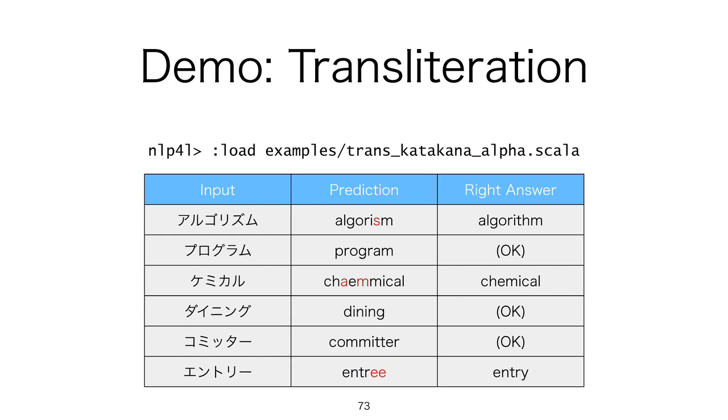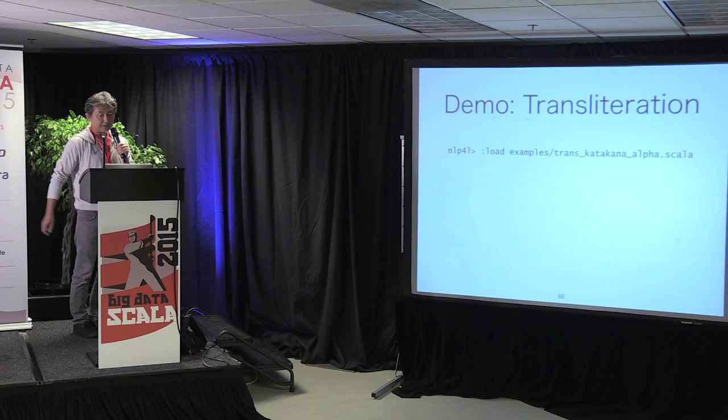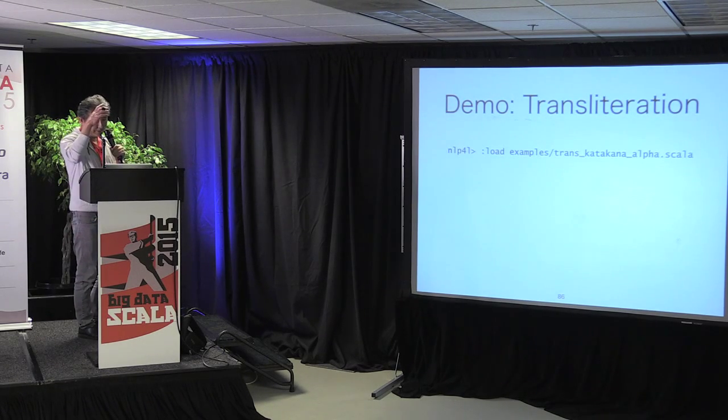There is an example script in NLP4L for transliteration. Here it is. It can be executed by loading like this. This sample script learns the aligned data and creates a model. Throw in a katakana word, and the script predicts the most likely alphabetical word and returns it to you.